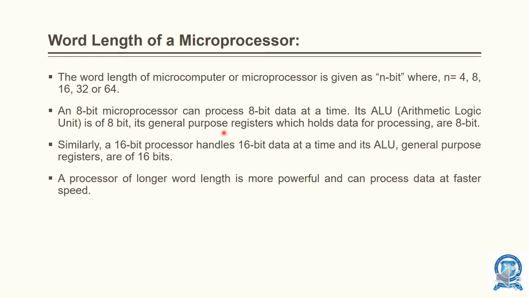The general purpose registers which hold the data for processing are 8-bit. Similarly, if we use a 16-bit processor, the word length will be 16-bit and the ALU will be 16-bit. So it goes on. The processor of longer word length is more powerful and can process data faster.